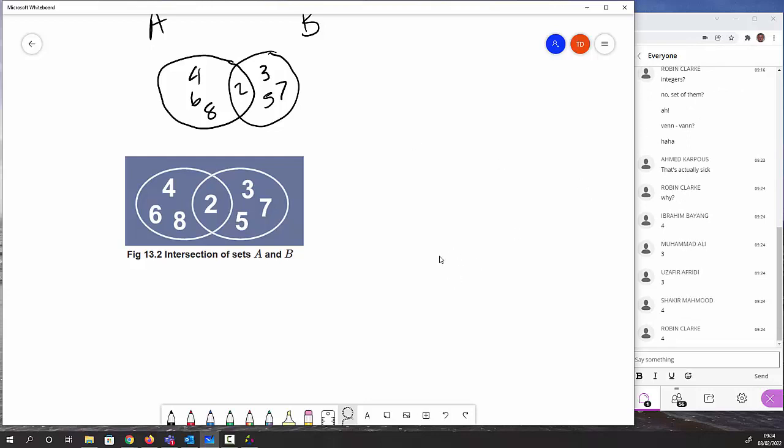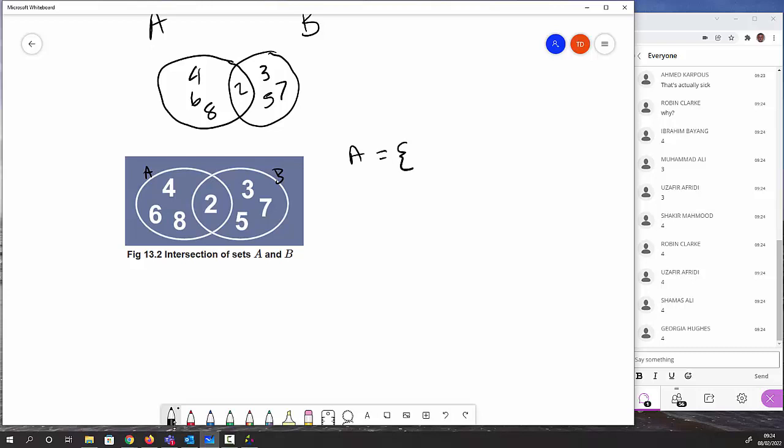Right, well, let's just imagine we've got A, so I'm calling this set here A and this set here B. So we've got all of the elements in A. So A is equal to 2, 4, 6 and 8. And let's do the next easy one, which is B, which is equal to 2, 3, 5 and 7.